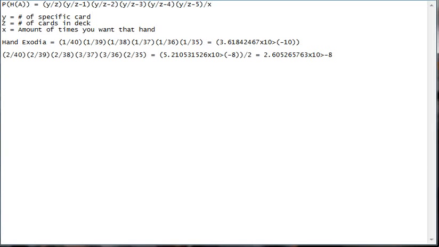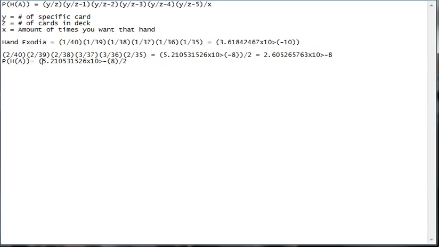So that means probability of hand A equals 5.210531526 times 10 raised to the negative 8, divided by 2, and that's your answer.